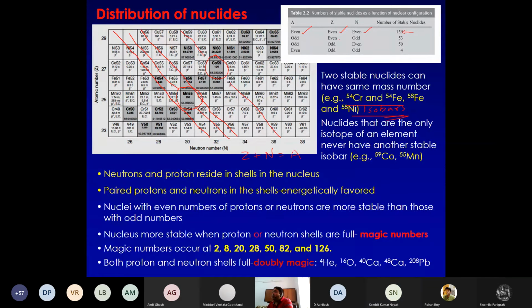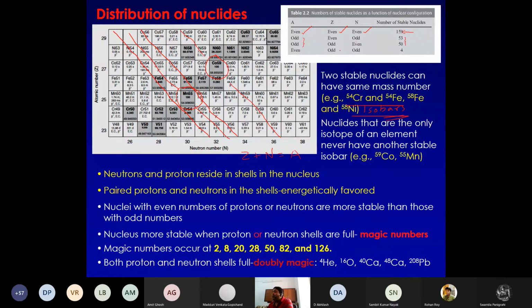In cases where you have an even Z and odd N, or odd Z and even N, you will have a nuclide with odd mass number. They are much less stable compared to the even configuration. Roughly you have sub-equal amounts, about 53 and 50, of nuclides with even and odd atomic numbers.